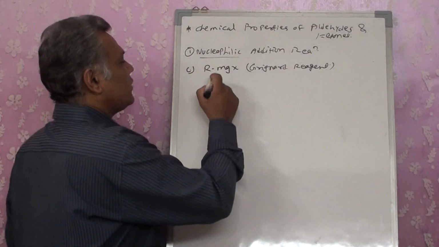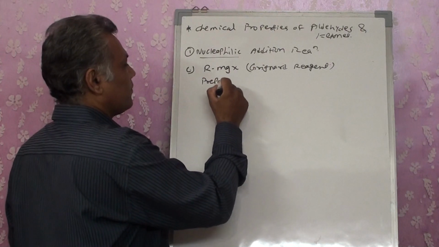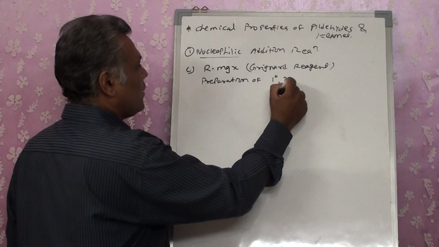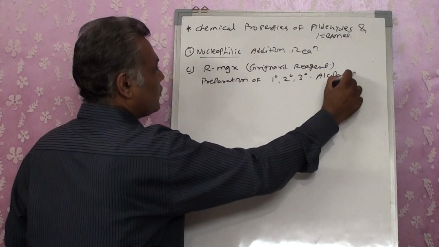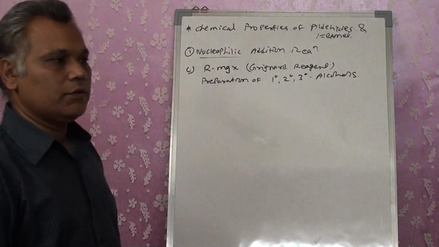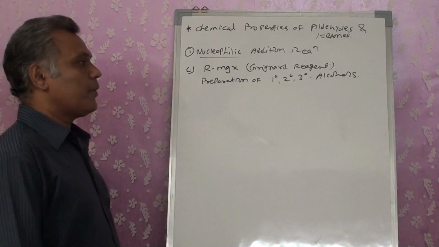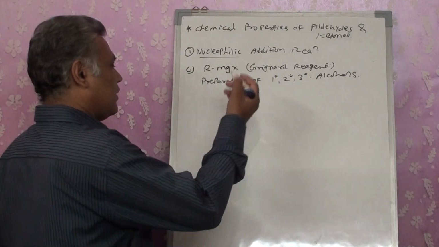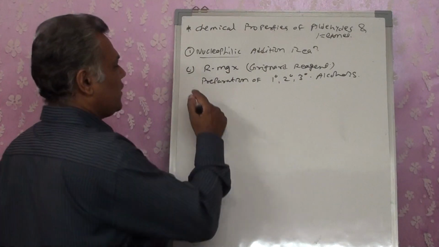By this reaction, it is also termed as preparation of primary, secondary, tertiary alcohol. That means we have studied the same reaction in our previous chapter, right? That is preparation of primary, secondary, tertiary alcohols. But still, as a part of the study, we will revise it again.